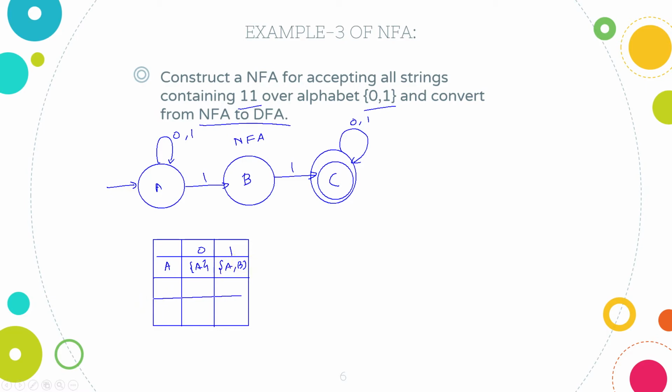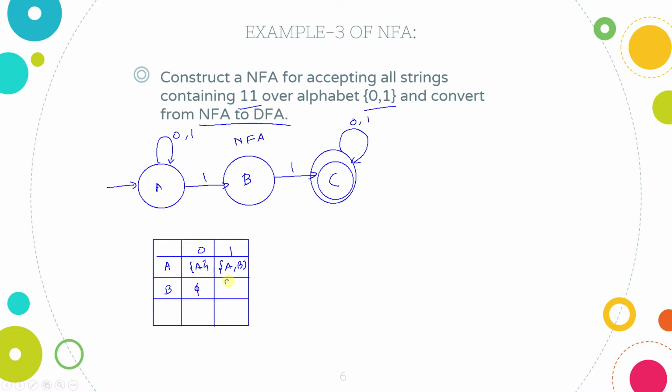Now you are in state B. What happens then? Now what about state B? If you are in state B, you get a 0. What is mentioned? Nothing is mentioned. So you go to empty set. Okay. And what about 1? You get a 1.